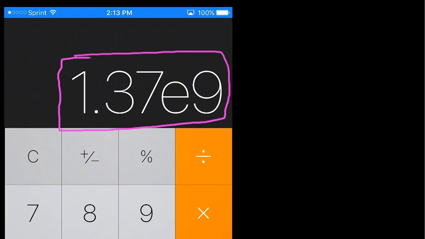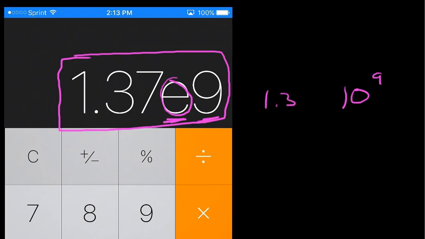And this is calculator speak for scientific notation because it didn't have enough spaces in the vertical orientation here of my calculator to put it into 1,370,000,000. So it put it into scientific notation. And this E right here, that just means the power 10 to the 9. So that's 10 to the 9.